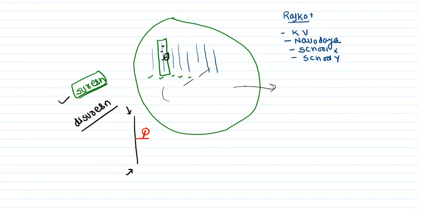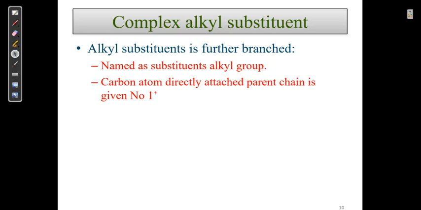If you go from here, then you should enter from this and then go this way. So this is given one number, one dash from here. So we have to give the one dash attached to the main chain. So we can enter from this side only. So due to that, we are giving some number to them.